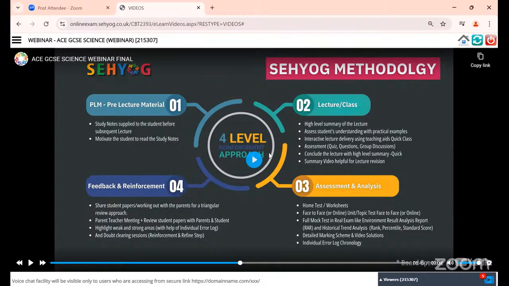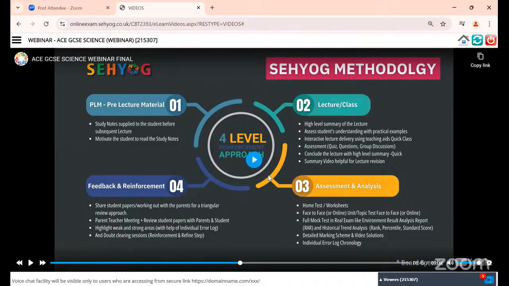Then the system does the analysis, because most MCQs are automatically evaluated, and your result analysis comes in front of you in terms of topic: which topic is your strong area, which is your weak area.